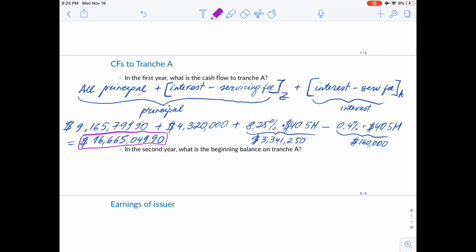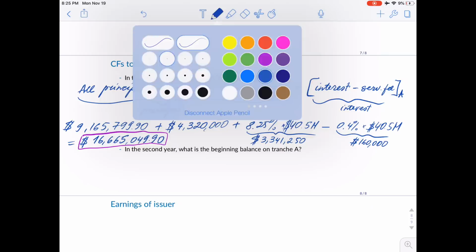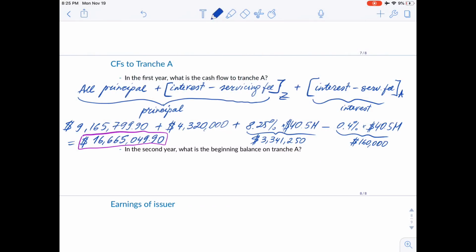In the second year, what is the beginning balance on tranche A? So the beginning balance in period 2 is going to be the beginning balance in year 1 minus all principal repaid.